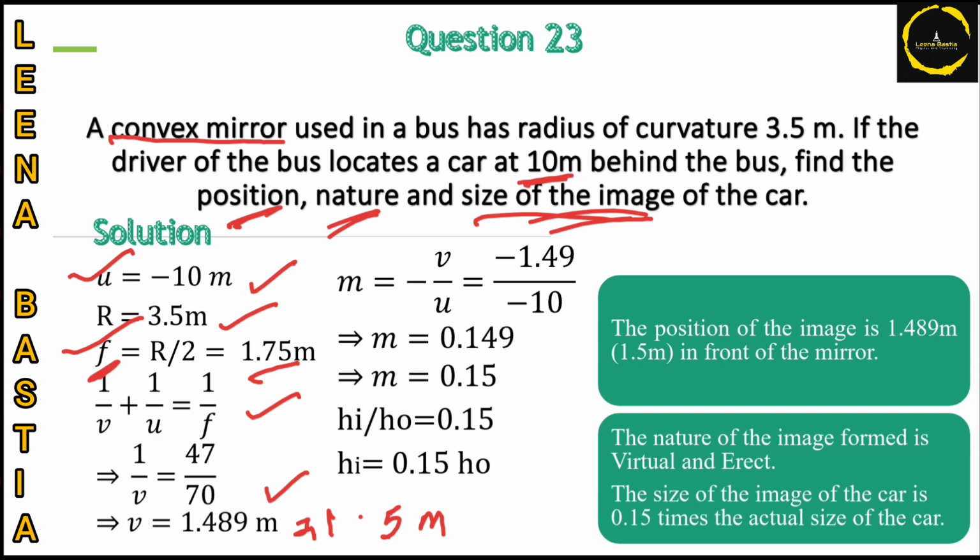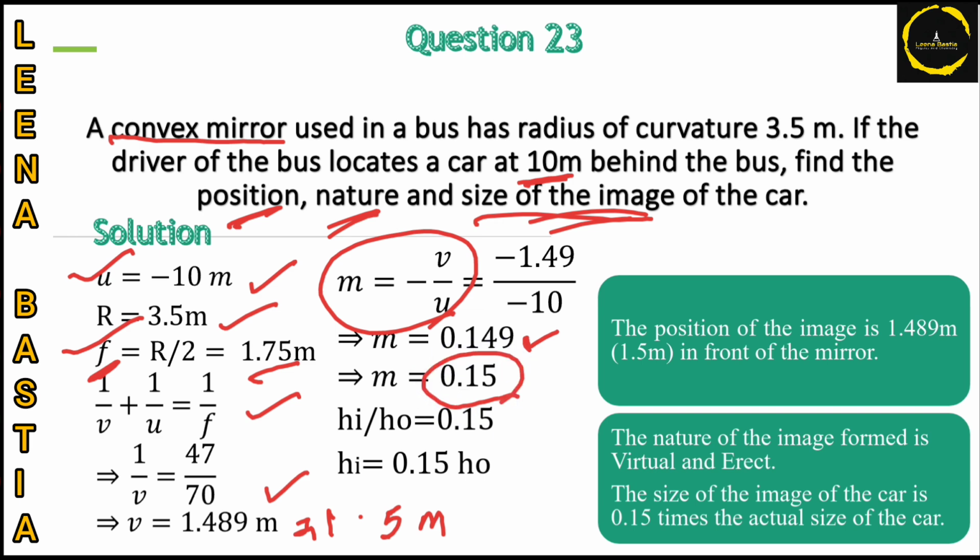So what we have to do is put the formula M equals to minus v by u. Directly you can write here 1.49, because I have got this particular 1.489 value. I have tentatively taken 1.49 here, then minus 10, you will get this much value, that is 0.149, and M tentatively the value is 0.15.